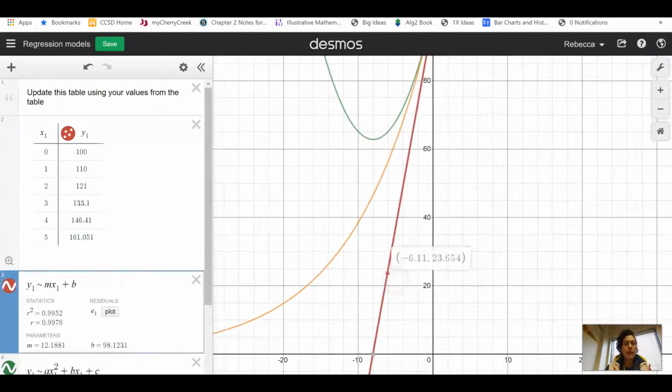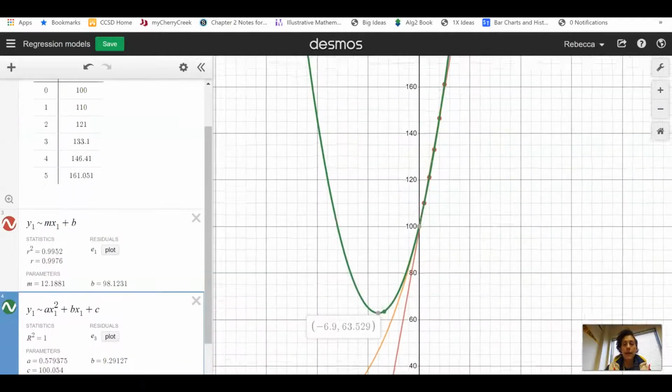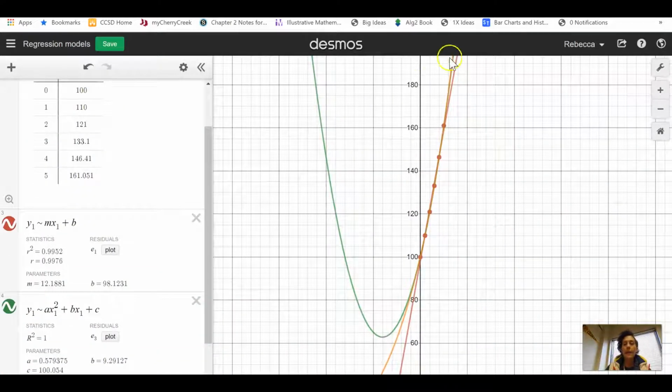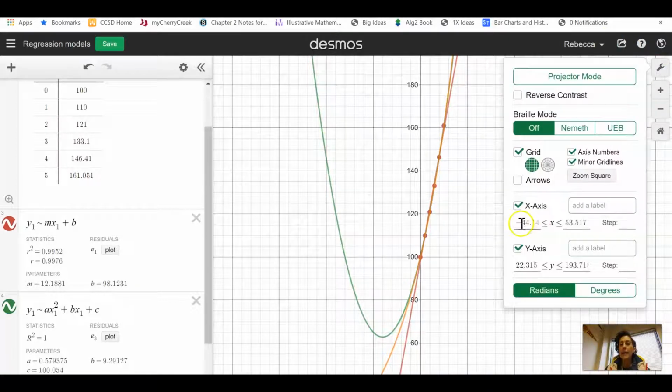And what I can do is try to find the points. Here they are. A really easy way to find the points is to go up to this wrench in the top right and go to where it says x-axis and y-axis, and change those dimensions to the dimensions that you see in your table.